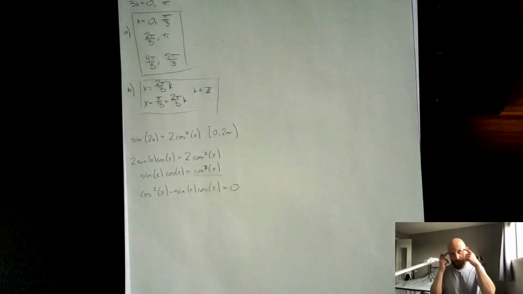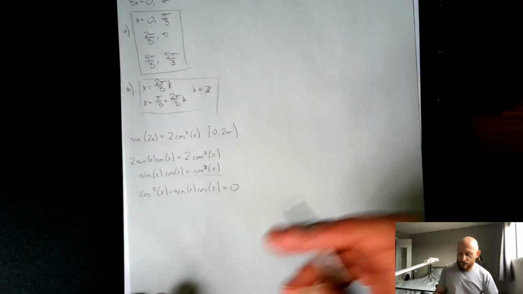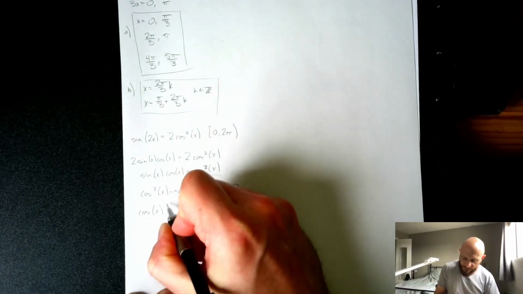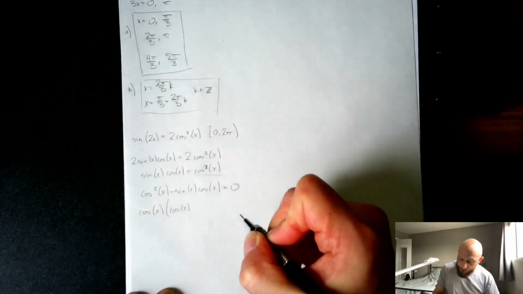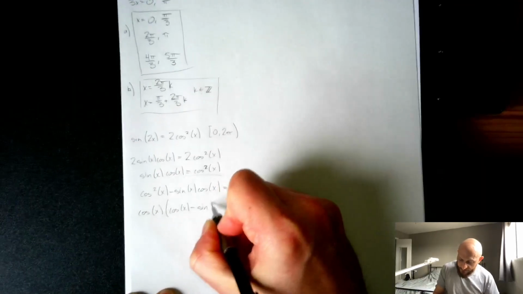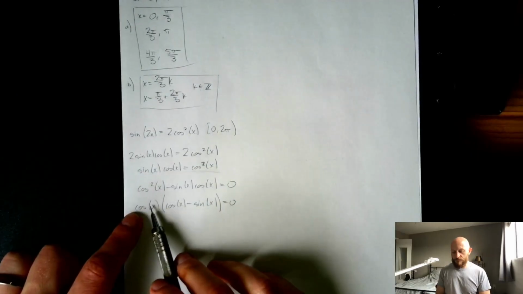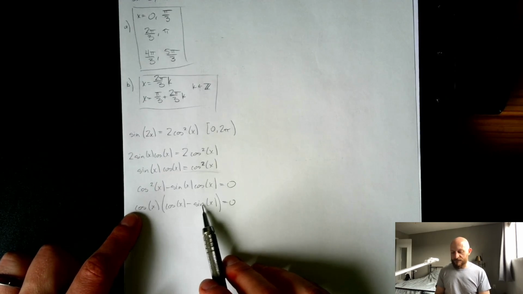And now I can start thinking about factoring, not dividing out, but factoring out the cosine. So if I factor out cosine from this, then I get cosine of x times cosine of x minus sine of x equals 0. If I plug this cosine back in, there's cosine squared, there's my negative sine x cosine x.